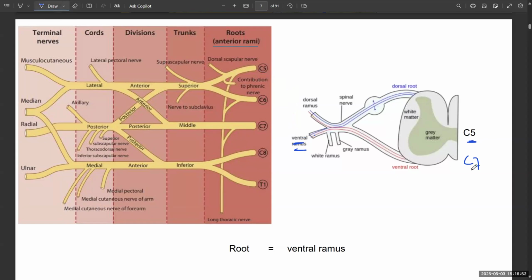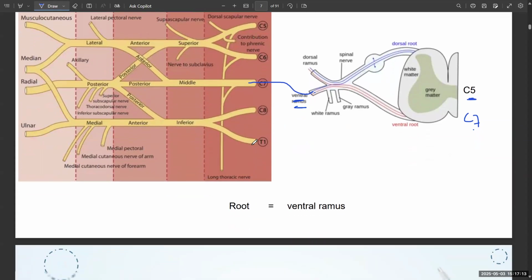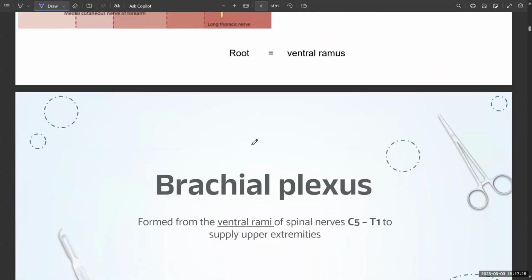So if this was C7, the C7 ventral ramus is going to come out and it becomes the C7 root. Okay. And that is going to be the case for each of these spinal segments from C5, C6, C7, C8, and T1. All these ventral rami are actually the roots of the brachial plexus. Okay. Hope that makes sense.